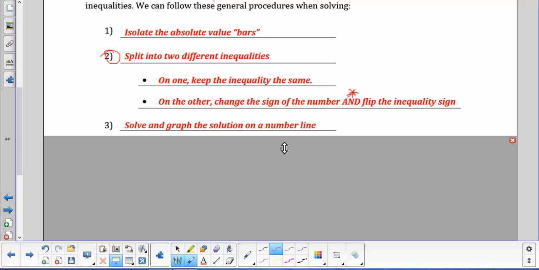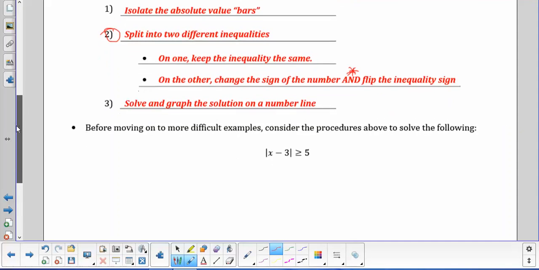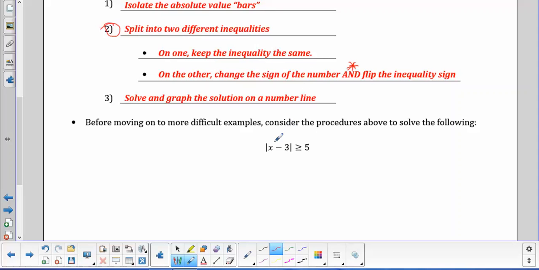So let's see what all this looks like and what this means. Before we jump into more difficult problems, let's take a look at this single example. The absolute value is by itself already. That's going to be one of the easier parts. The tricky piece is going to be step number 2. Split into two different inequalities, keep one the same.